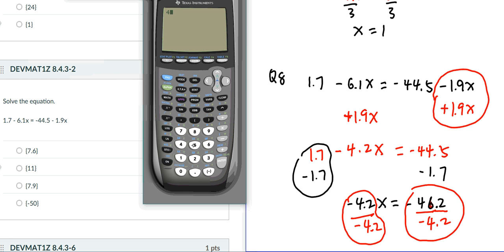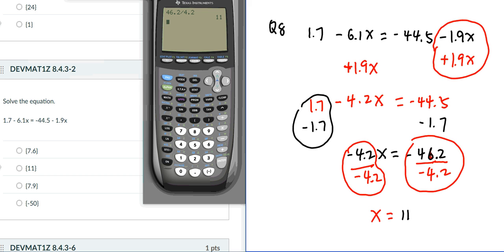So we do 46.2 divided by 4.2, which gives us 11 here. Here, the same number, one divided by another, you know is 1. So the final answer for this one is x equals 11. So we should choose this one.